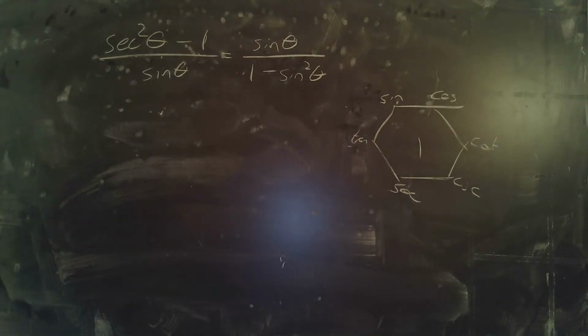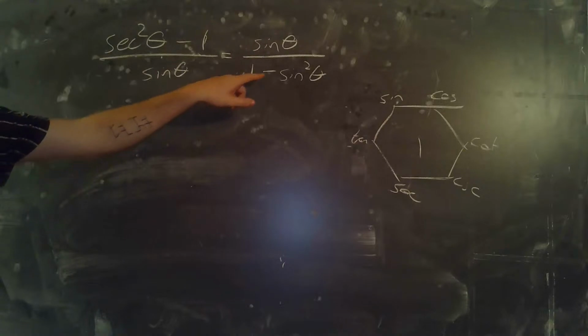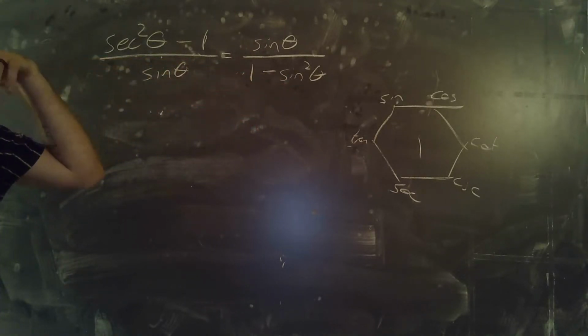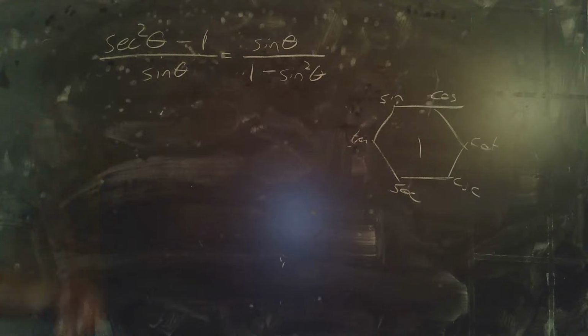So, which side do we want? On this one, it really doesn't matter, right? They're both about the same level of difficulty. I am going to notice, though, that 1 minus sine squared is a Pythagorean identity that we should, by the end of this, have locked away.